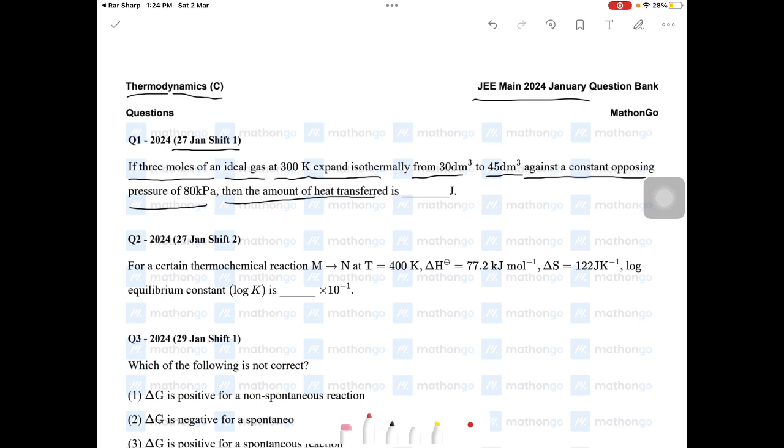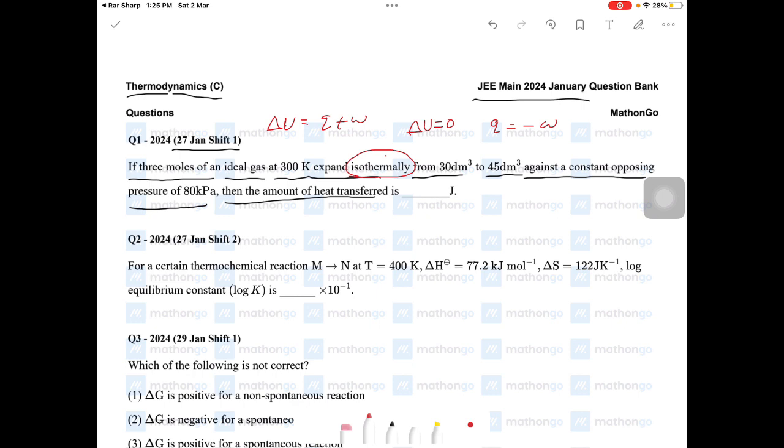When the reaction takes place isothermally, delta U is equal to Q plus W. For an isothermal process, delta U is equal to 0. When delta U is equal to 0, Q is equal to minus W.